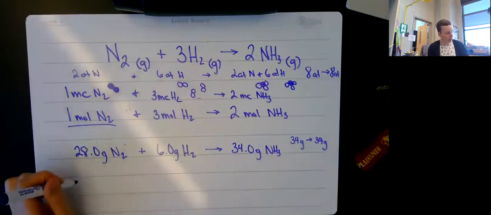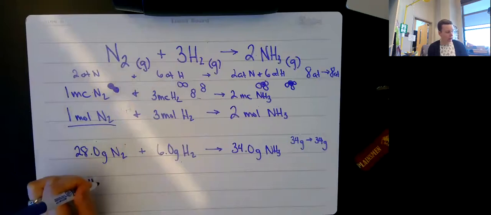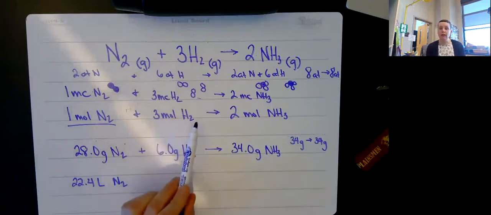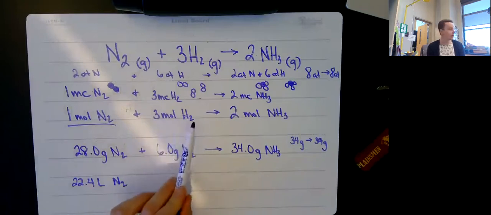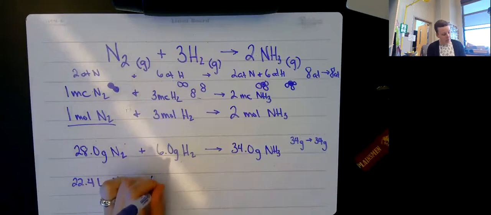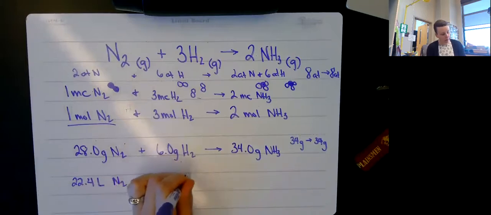So I could write 22.4 liters of nitrogen. Okay. So kind of similar to what I was doing here with the grams. 3 moles of hydrogen. Well, a mole of a gas is 22.4 liters. So 3 times that, we get 67.2 liters of hydrogen.